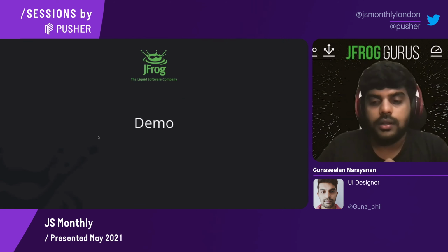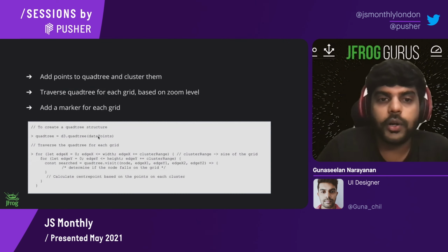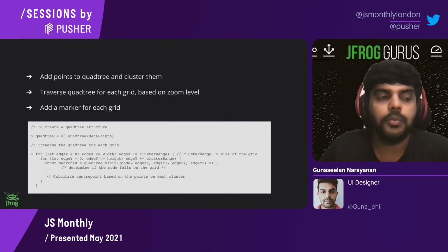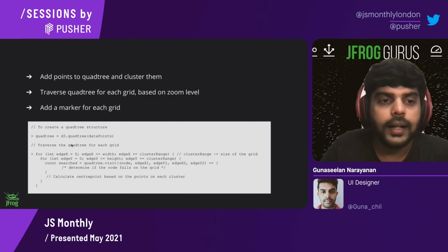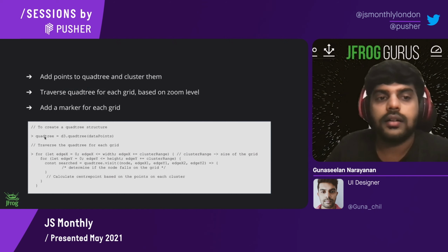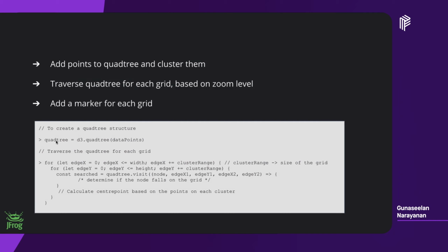The data points are the points on the map that you already have. You're going to pass them to the D3 quadtree API, and this quadtree will have its methods and the points calculated. Then you give the cluster range. The cluster range is nothing but the size, and it is calculated based on the zoom level.